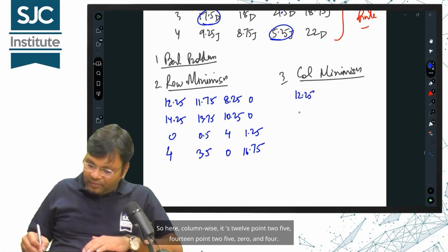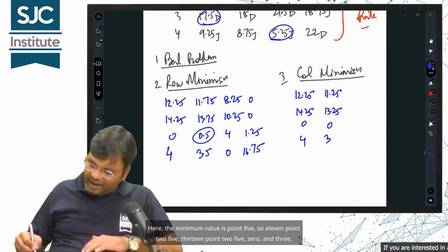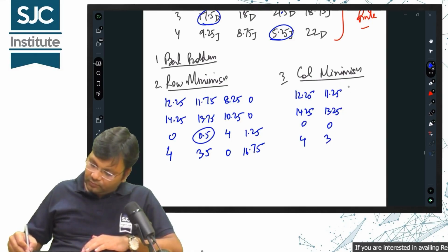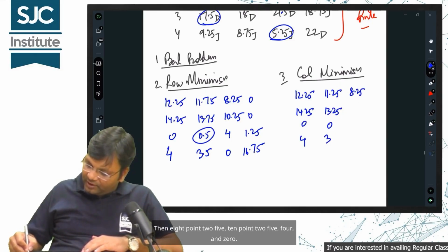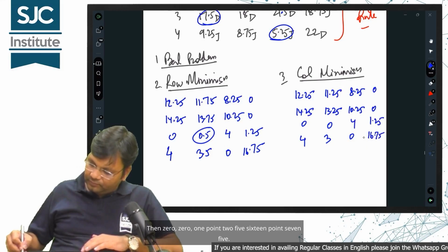So here, column-wise, it's 12.25, 14.25, 0 and 4. Here, the minimum value is 0.5, so 11.25, 13.25, 0 and 3. Then 8.25, 10.25, 4 and 0. Then 0, 0, 1.25, 16.75.